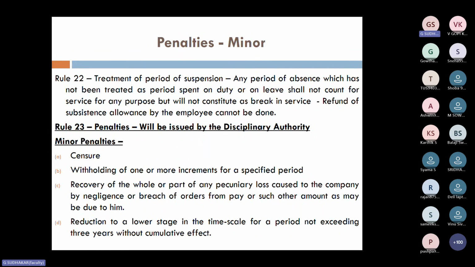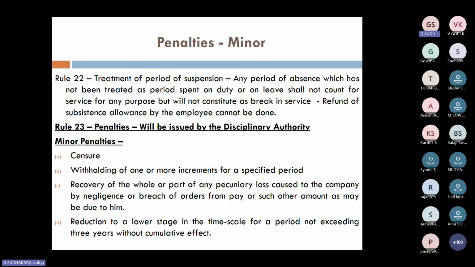Everything will be restored. On the other hand, if the employee is found guilty and is imposed some punishment, minor or major, then this suspension will be treated as a break in service, and no refund of the balance 50% will be given to the employee. So this is the main aspect, treatment of period of suspension.